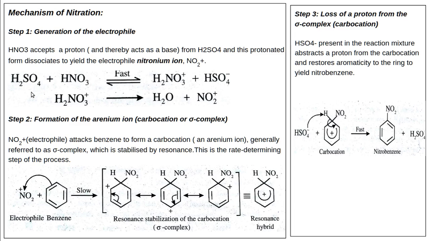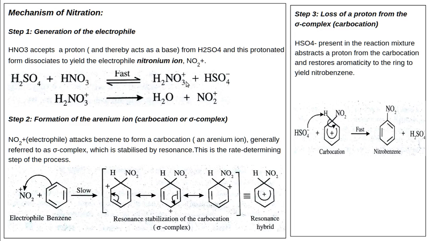So here H2SO4 acts as an acid and HNO3 acts as a base. H2SO4, by donating a proton to HNO3, becomes HSO4 minus. Proton here means H plus. HNO3, by accepting a proton from H2SO4, becomes H2NO3 plus.